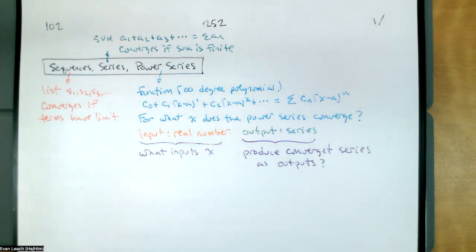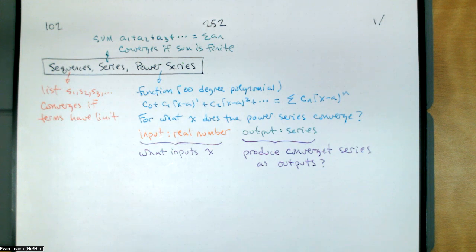So for a power series, the question is, for what values of x does the power series converge? These are the objects, and these are the questions concerning those objects.